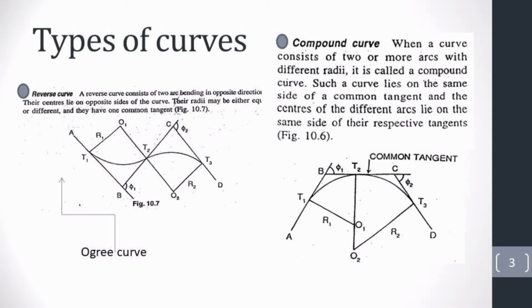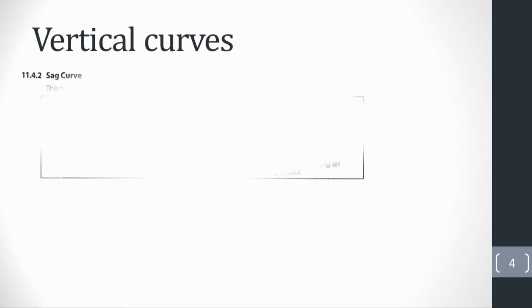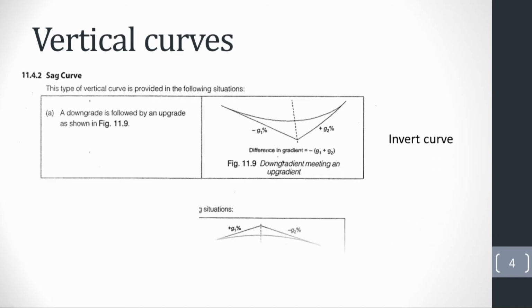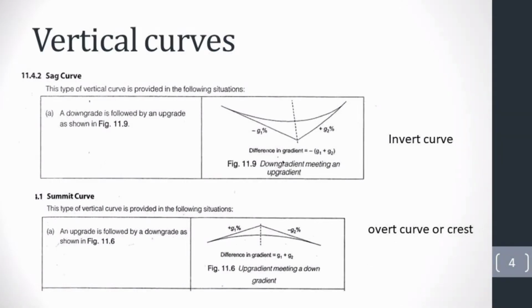So in a compound curve, the arcs lie on the same side, but the reverse curve is the opposite, so they lie on different sides, in opposite directions. I went ahead and searched for something easily relatable to what we had been asked there. But again, anyone with a clue, you can write something down in the comments.